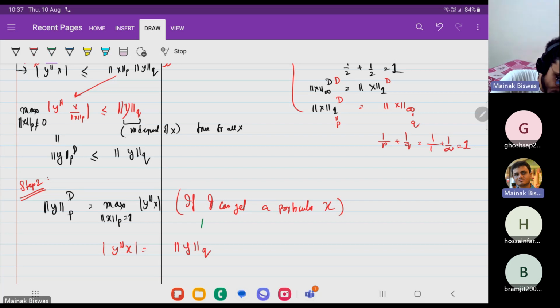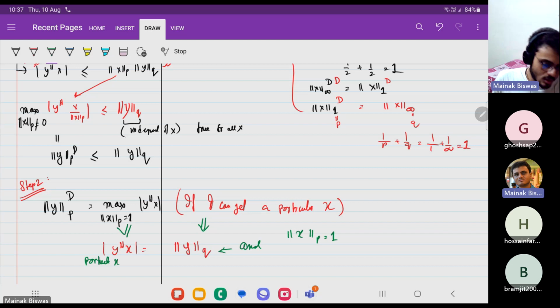If I get a particular x such that ||x||_p is equal to 1 and y Hermitian x is equal to ||y||_q, am I done or not? This is a particular x. So this will always be less than or equal to the maximum over all x's. Yes or no? Yes.